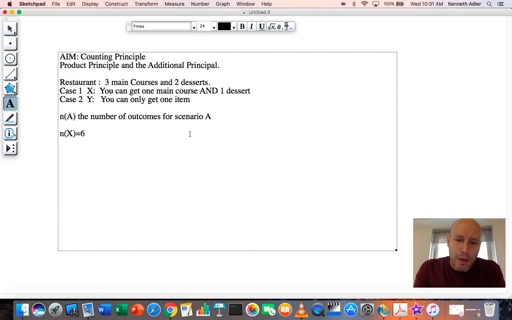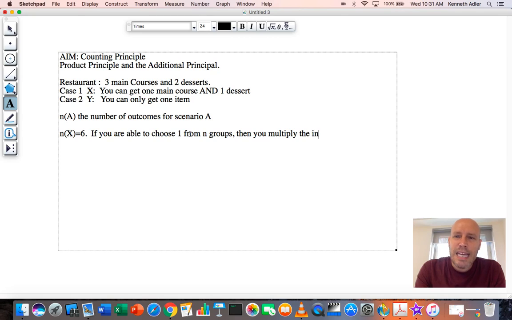What did we do here? Basically, if you are able to choose 1 from N groups, then you multiply the individual possibilities.